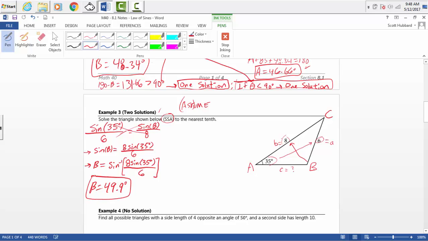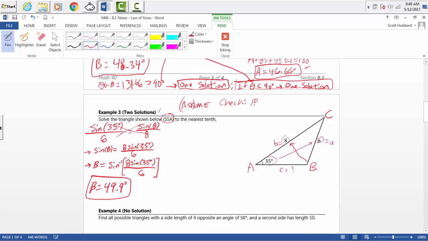Alright, so here's the check. What you want to do is take this answer, it's called B, and take it away from 180. So here's the check.